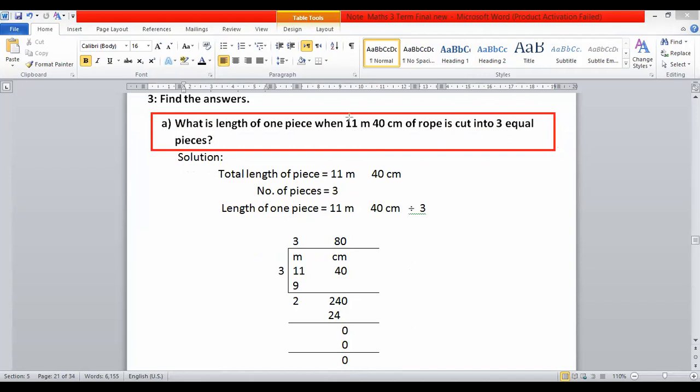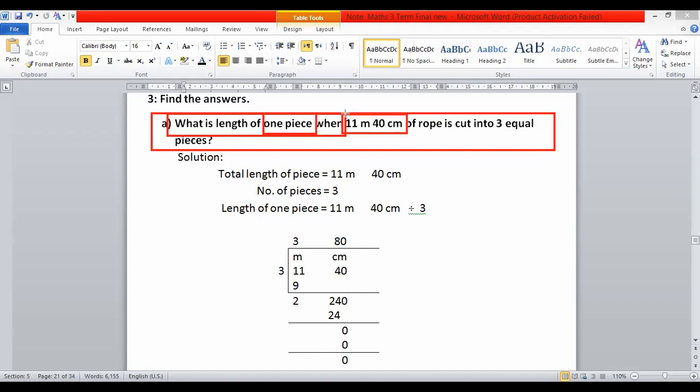Dear students, here the length of the rope is given. You have a rope whose length is 11 meter and 40 centimeter. We want to cut this rope into 3 pieces, into 3 parts. So the question is, you have to find the length of one piece. What is the length of one piece?